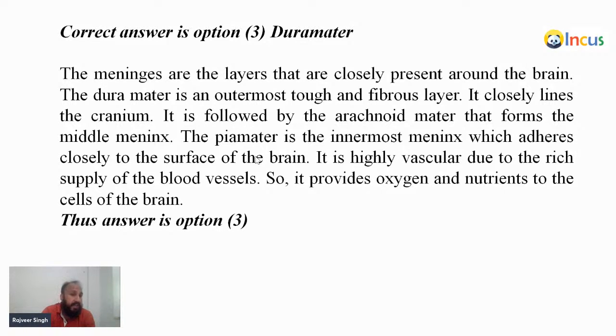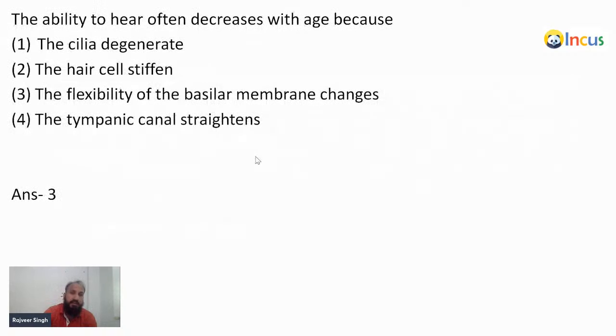It closely lines the cranium. It is followed by the arachnoid mater that forms the middle meninges. The pia mater is the innermost meninges which adheres closely to the surface of the brain. It is highly vascular due to the rich supply of blood vessels, so it provides oxygen and nutrients to the cells of the brain. The answer will be third.